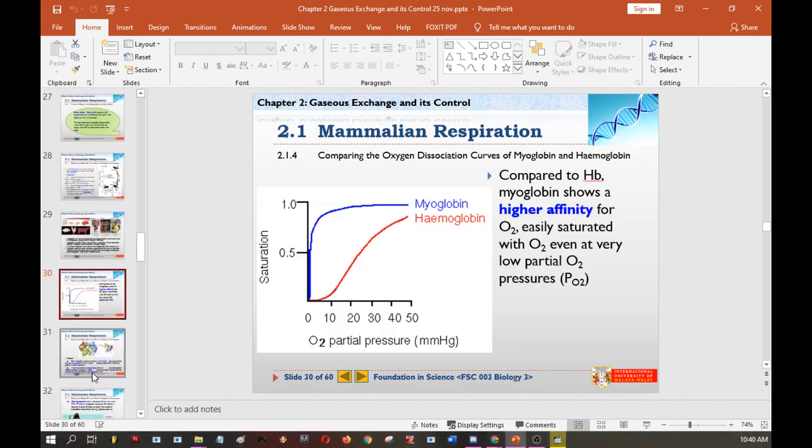As you can see here, the myoglobin graph is much closer to the y-axis compared to hemoglobin, meaning it will easily release O2 to tissues, even at low partial pressures. If you have myoglobin, it'll be really hard for you to feel out of breath. You'll always be oxygenated.